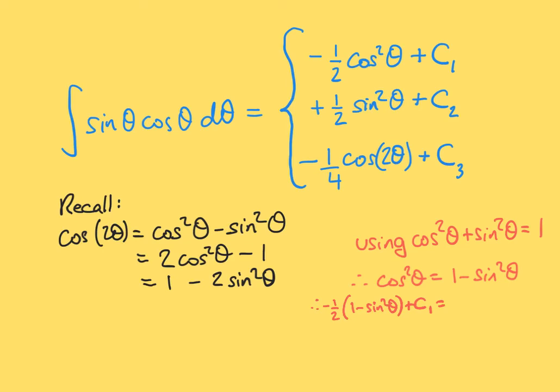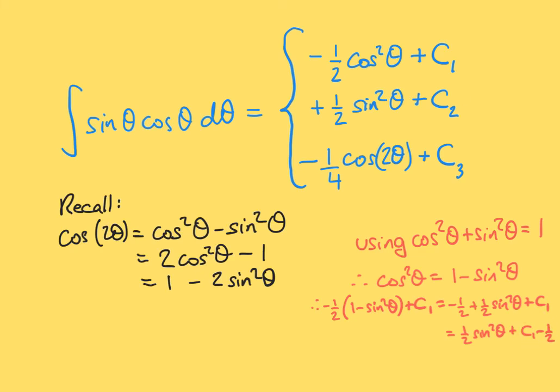And if we just expand the brackets and tidy things up, you can see that we're going to get minus a half, I'll go back to the pen, minus a half plus a half sine squared theta plus c1. So that's a half sine squared theta plus c1 minus a half. And that is what is here written as c2.